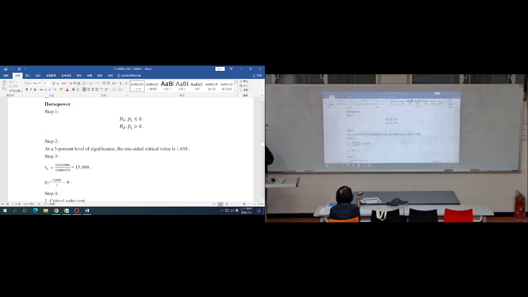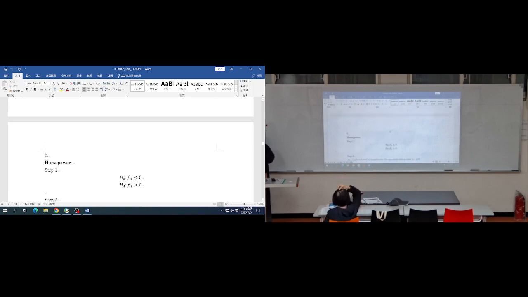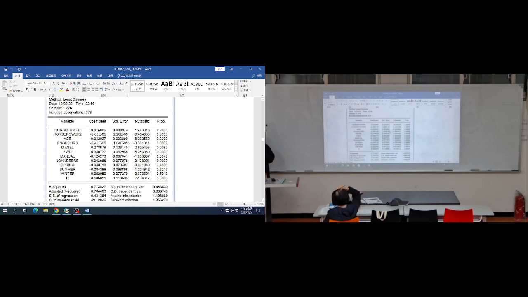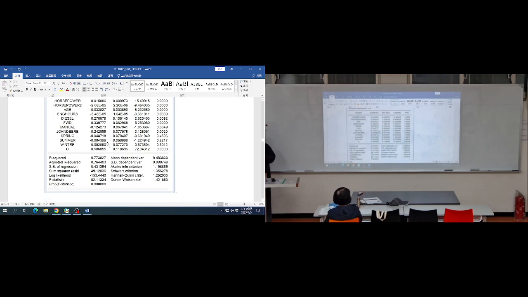B is test the 5% one-sided. Let me see your output first. So you put horsepower times horsepower, just put a square on it.